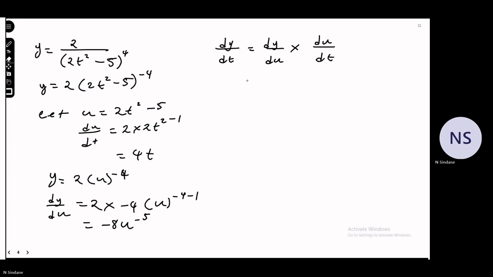Then this is negative 8 u to the power negative 5 multiplied by, this is 4t. Then this gives me negative, is it 32? 8, 12, 8, 16, 24, 32. So this is negative 32t u to the power minus 5.